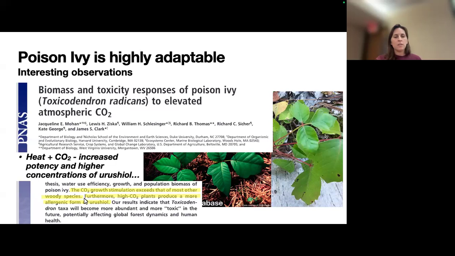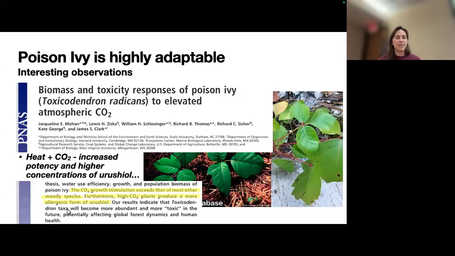And what the authors found was that the growth stimulation in a high carbon dioxide setting produced a poison ivy plant that far exceeded the ability to grow of other surrounding woody plants, meaning that it is far more adapted to that environment and can grow stronger than the surrounding plants, meaning it can outcompete the other plants nearby. Additionally, high carbon dioxide plants produce a more allergenic form of urushiol.